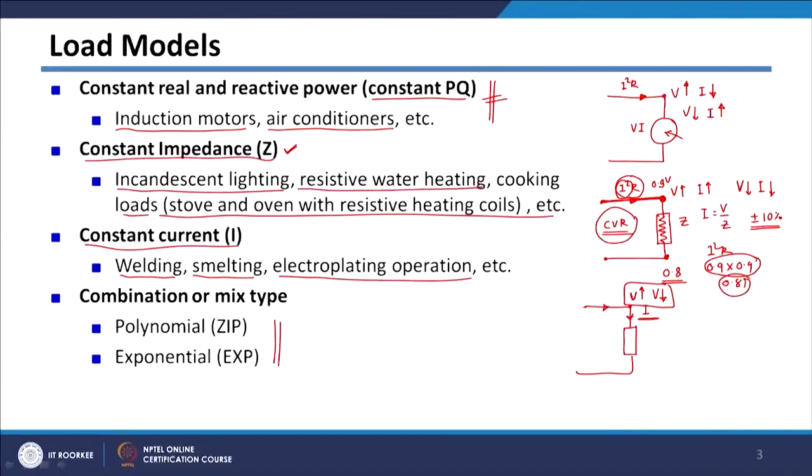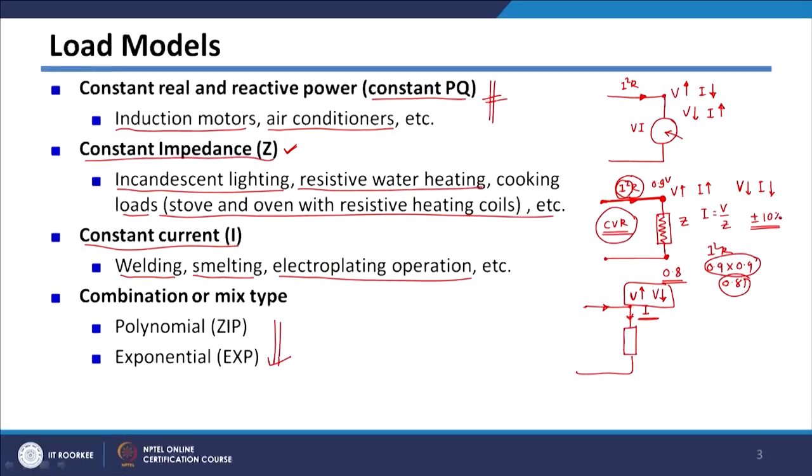So, load will always be of mixed type: some equipment will have constant PQ characteristics, some constant impedance characteristics, and some constant current characteristics. If you are modeling all three types of load together, you have two models available. One is called the polynomial model, which we will see, and the other is the exponential model, which consists of all three types of load. Let us see them one by one.